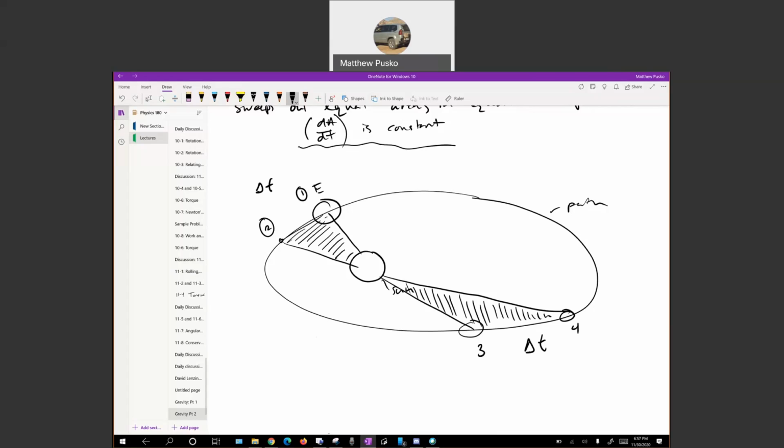So we can add some math to this. The best way to think about it, in my opinion, is that as the planet moves, it sweeps out the same amount of area in the same time interval, delta t. In a longer time interval, they would each sweep out a little bit more, right?